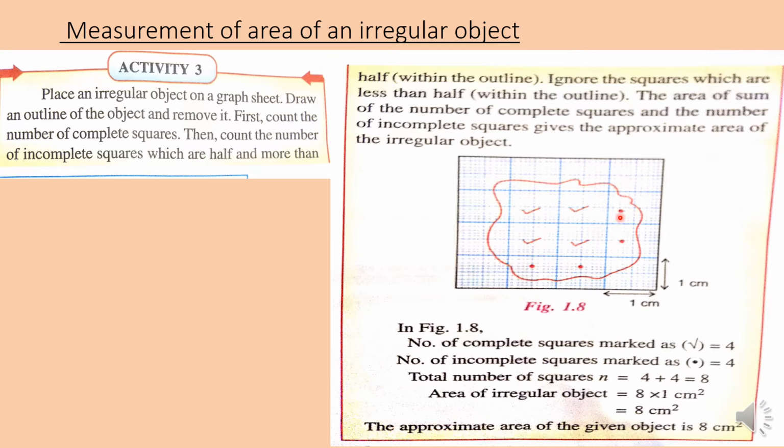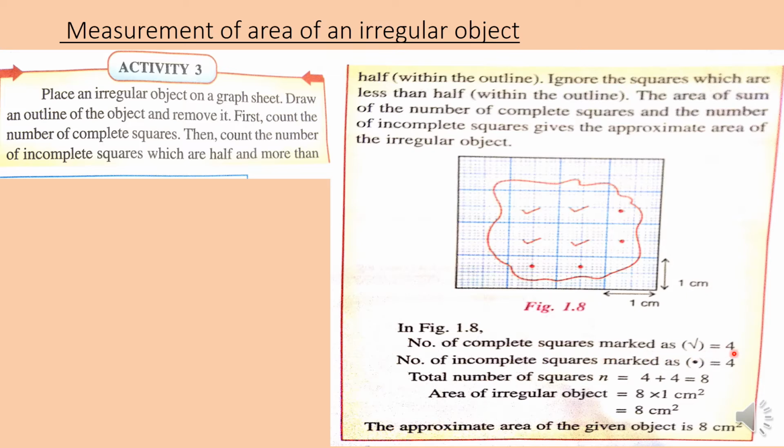And how many incomplete squares are there? They are not complete, and they are not coming fully inside the outline of this paper. So how many are these? 1, 2, 3 and 4. So what do we need to do now? We need to count the number of complete squares, marked as right.